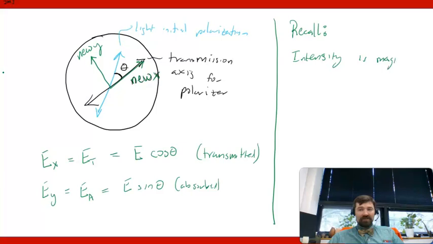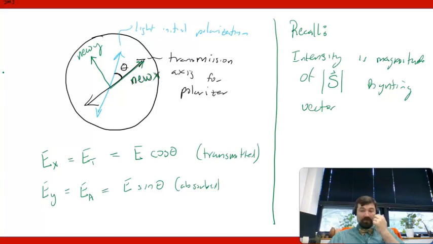So we're looking at the magnitude of S, the Poynting vector. And what is the Poynting vector? Essentially it's 1 over mu naught times E cross B.